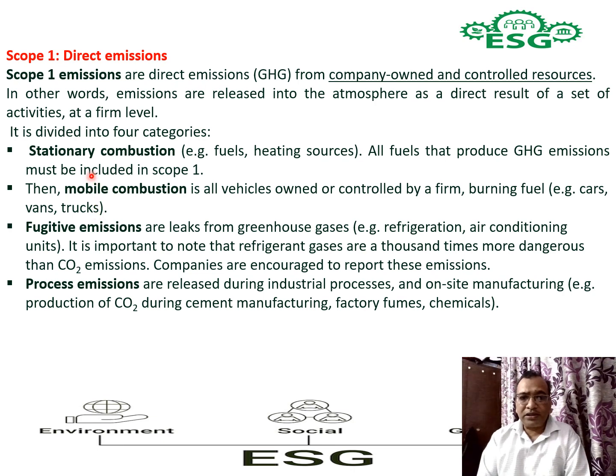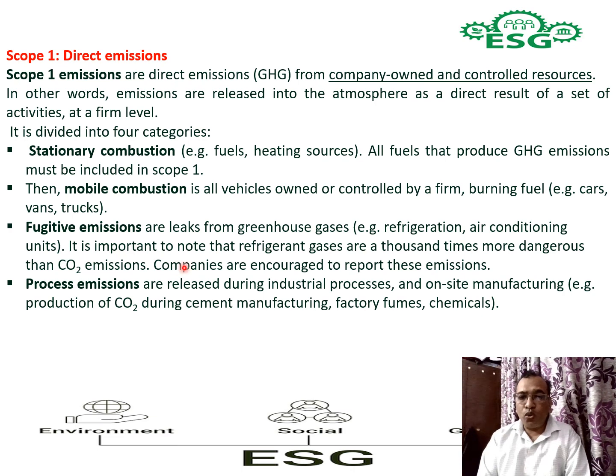The first is stationary combustion. Examples: fuels, heating systems, such that all the fuels that produce greenhouse gas emissions must be included in scope 1. Then mobile combustion is all vehicles owned or controlled by the firm, such as burning of fuels. Examples: cars, vans, trucks. Then fugitive emissions are the leaks of greenhouse gases such as from refrigeration and air conditioning units.